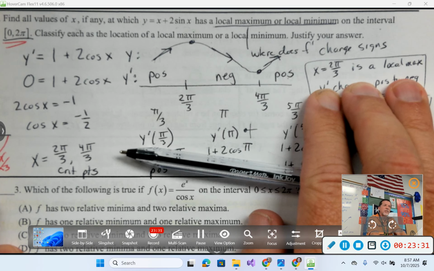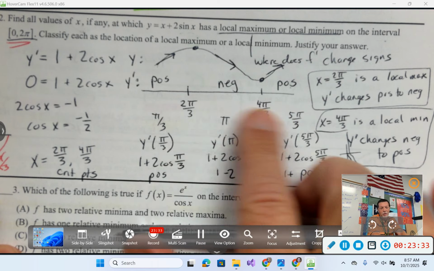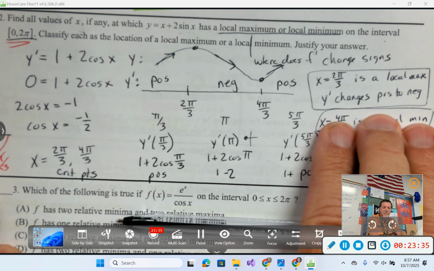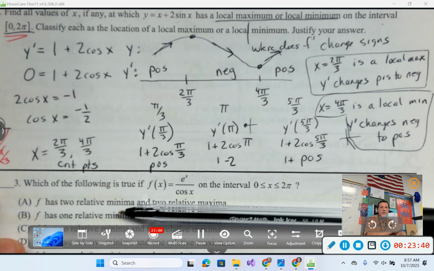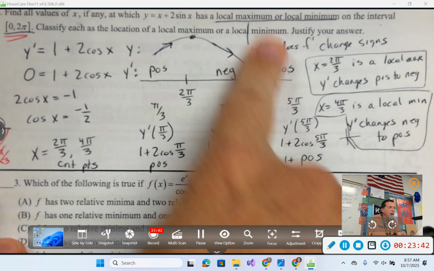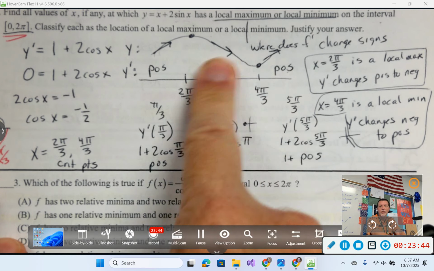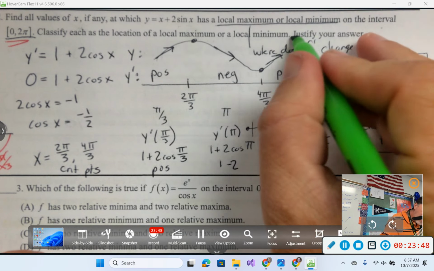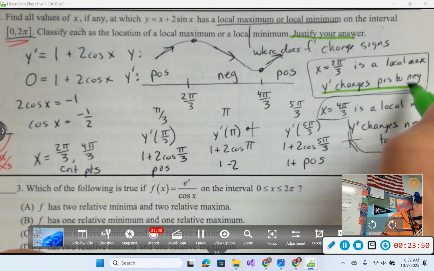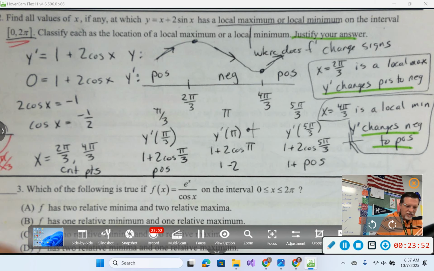And the answer is always no. The sign chart helps you know what the answer is, but you have to state y prime changes positive to negative or negative to positive. It helps you figure out the answer, but the justification has to be that y prime is changing signs.